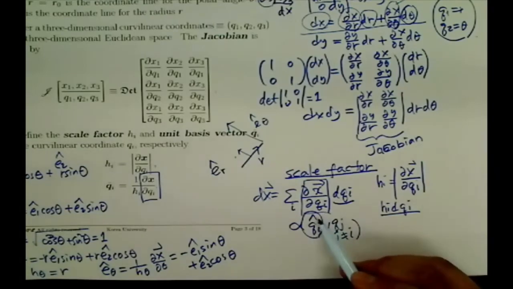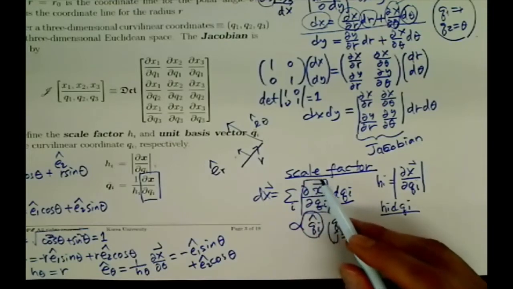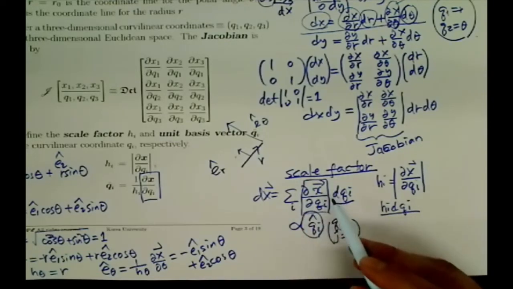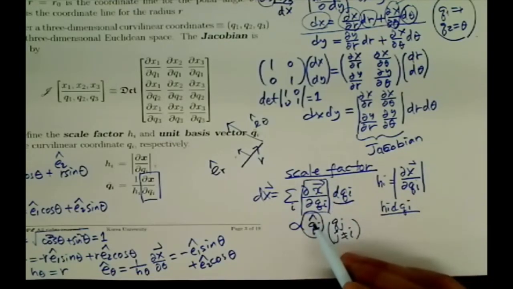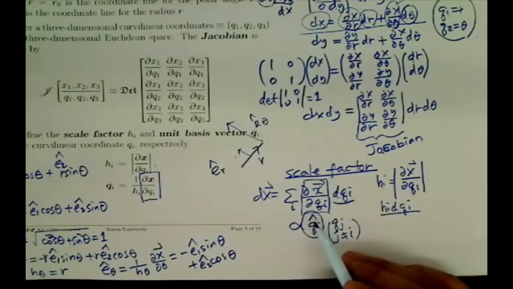Therefore, this partial derivative is always parallel to the unit vector along that curvilinear coordinate. To find the unit vector, we just keep this one and divide this vector by its own magnitude.